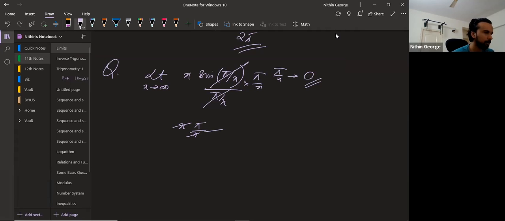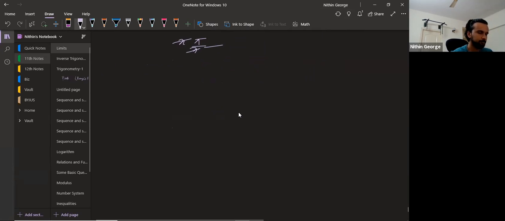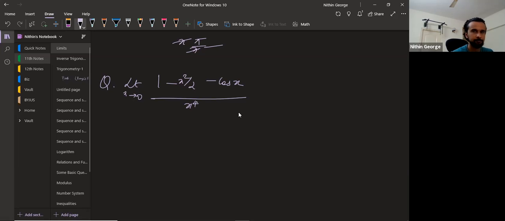Now, okay, what about this one? Remember, cos x can be written as 1 minus x squared by 2 factorial plus x power 4 by 4 factorial minus x power 6 by 6 factorial and so on.